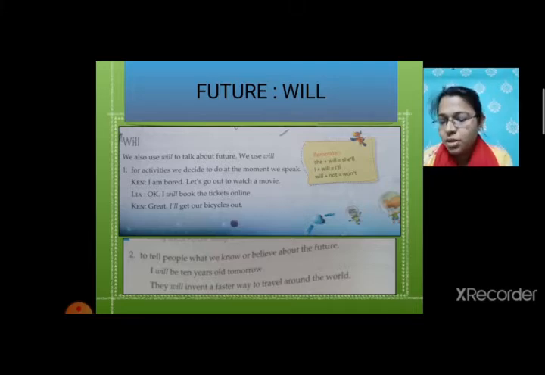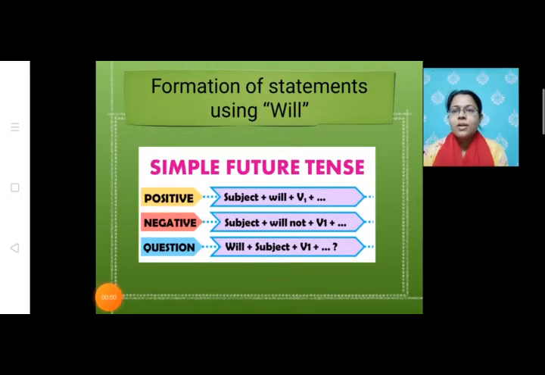Now let's learn how to form a positive statement, negative statement and question using the word will for future tense. Let's see the formation of statements using will. So here you are seeing the table which shows the formation of positive, negative and question statements using future tense and the word will.